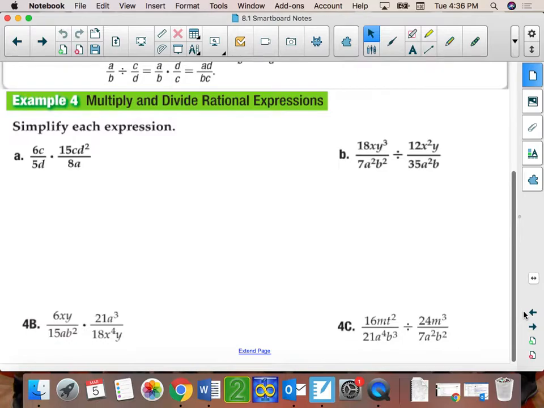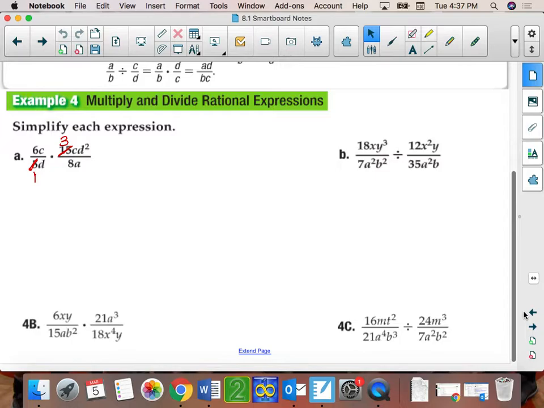So keep, change, flip is the verbiage I think you have used in the past. All right, so let's start with A. So this is just multiplication on A. And so what I'm going to start doing is, remember again, the goal is to cancel things top and bottom. And I can cancel things top and bottom regardless of if they're directly over one another. So I'm going to start with my coefficient. So I know that a 5 goes into itself once and into 15 3 times.